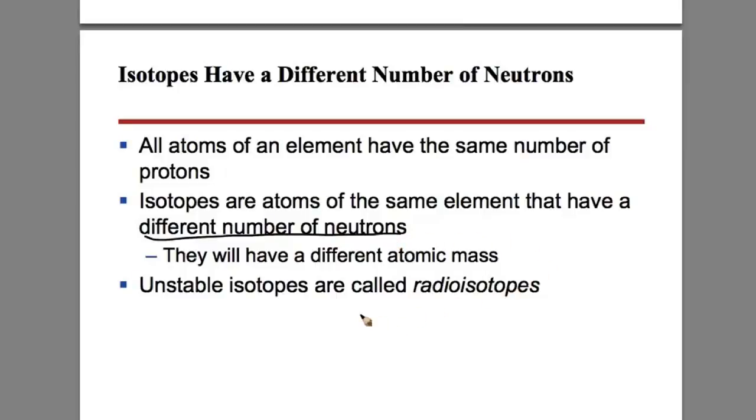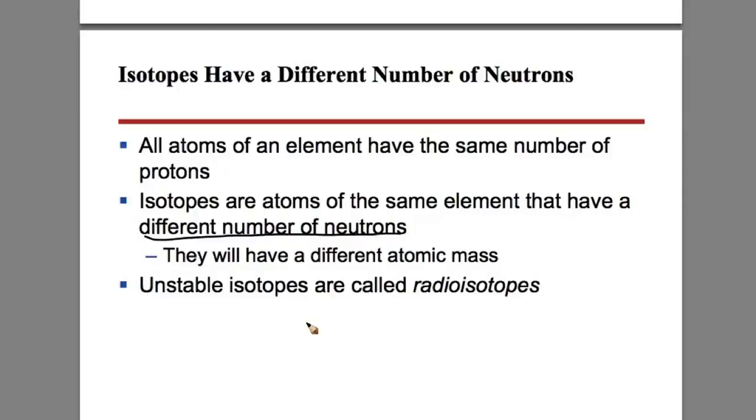Generally we have the same number of protons as neutrons, and if the number of neutrons varies, you're going to produce different isotopes of that atom or element. Remember, the element is defined by the number of protons, so that's constant. It's the neutrons that can vary in order to name the different isotopes.